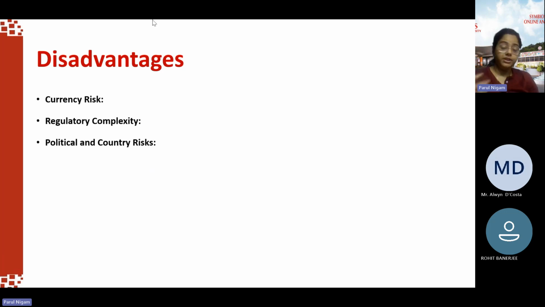Then a lot of political and economic risks are also involved: political instability or economic downturns in the host country, which can impact funding terms. Governments may impose capital controls, restricting fund movement, or change tax laws, which can increase cost for foreign funded business. Okay, so you have political and economic risks. Then interest rate fluctuations are there.